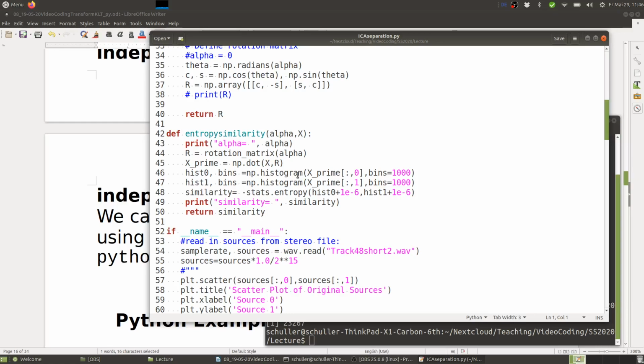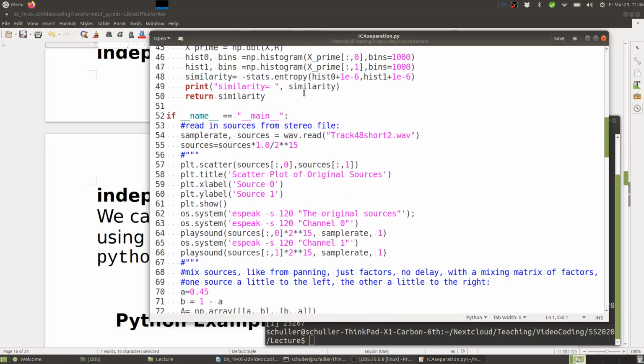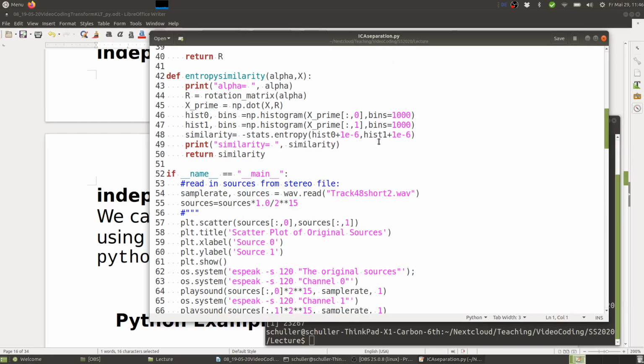So this is basically doing the rotation on our signal, and then it computes the histograms. And after computing the histograms, here it computes the similarity using the entropy function of those two histograms. And then it returns the similarity measure. Yeah, so this is the mutual entropy between those two. The mutual entropy is another measure of measuring the mutual information.